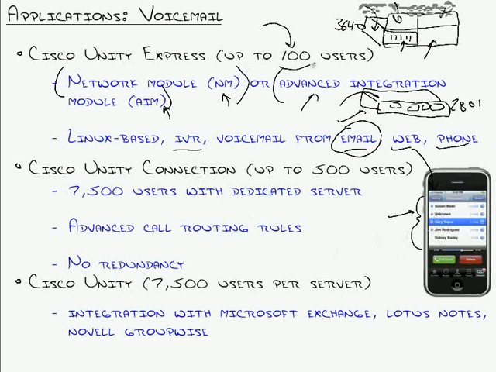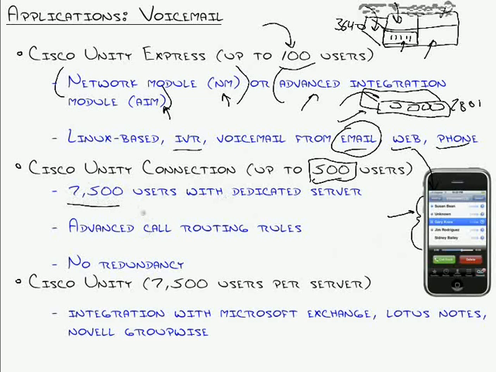Now, as you outgrow 100 users, you can move up to the Unity Connection, which is the one bundled with Call Manager or Communication Manager Business Edition. This one scales up to 500 users if you run it on the same server as the Communication Manager, meaning the all-in-one box. If you run it on a separate box, that's where you can scale up to 7,500 users.